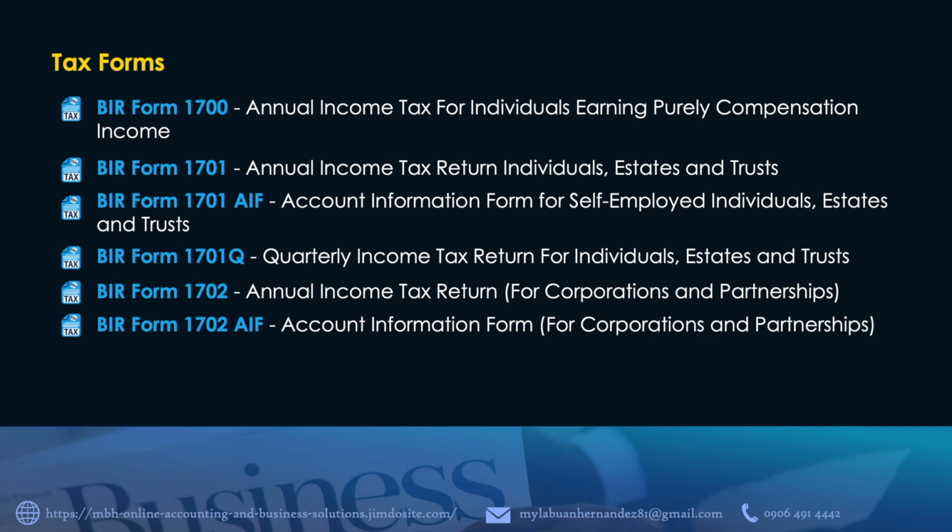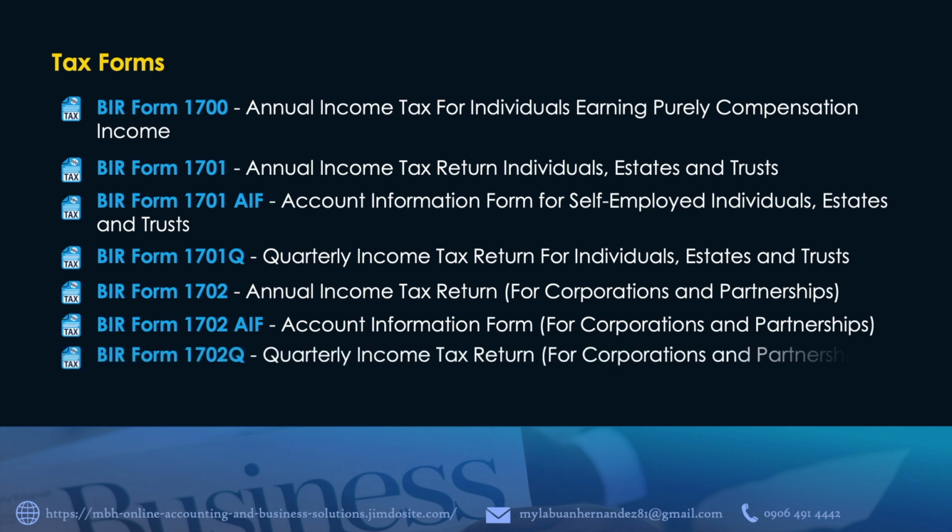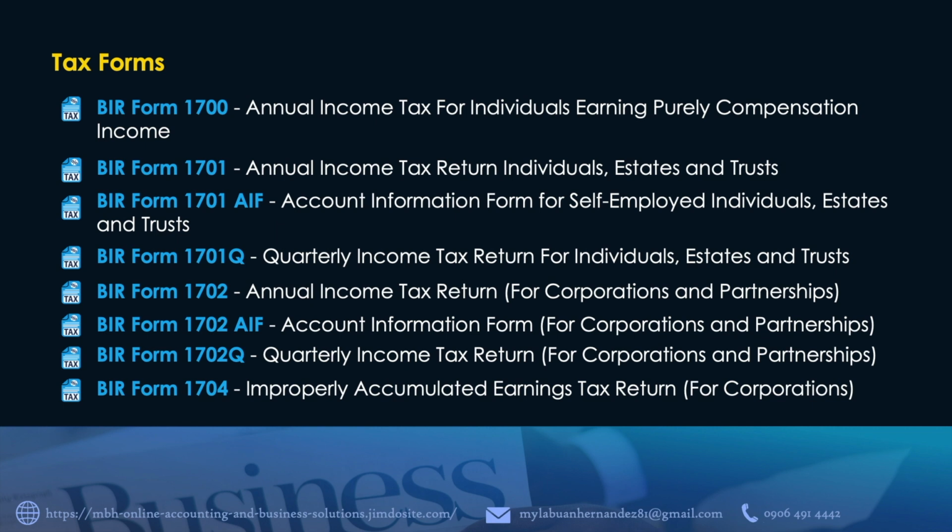BIR Form 1702 AIF, Account Information Form for Corporations and Partnerships. BIR Form 1702Q, Quarterly Income Tax Return for Corporations and Partnerships. BIR Form 1704, or the Improperly Accumulated Earnings Tax Return for Corporations.